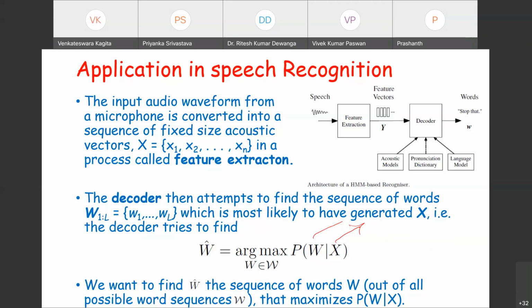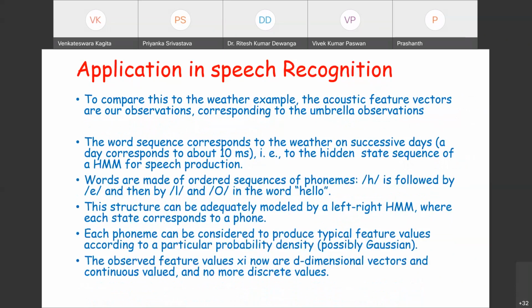Remember, here X is a vector, not just a single observation, a single value, like in that case. So to compare this with the other example, the acoustic feature vectors are our observations corresponding to umbrella observations, and the word sequence corresponds to the weather on successive days.